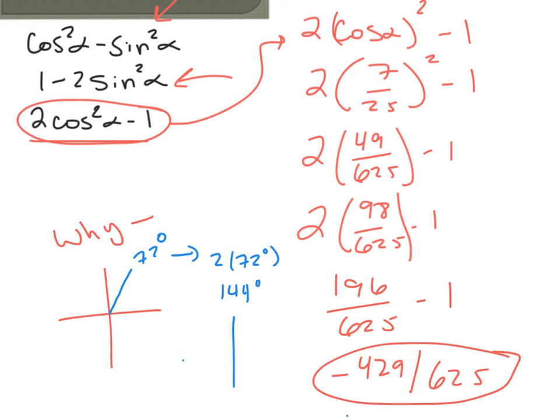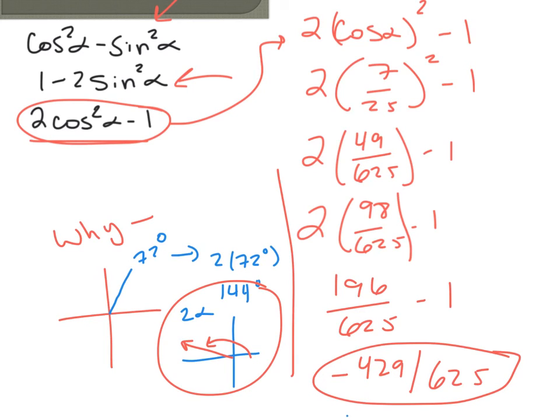So that means my double angle is now in the second quadrant, right? 144 is just an example that I came up with, and so that is how we're going to get a negative number. I'll do one more example. I'll use these same numbers, but we'll do sine instead of cosine.